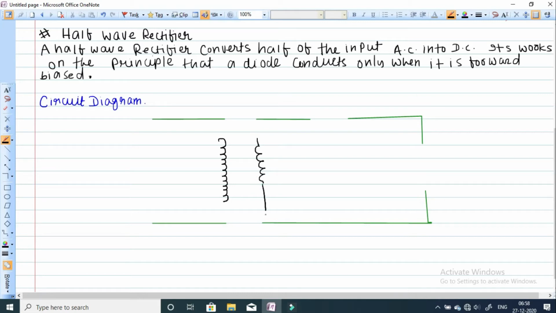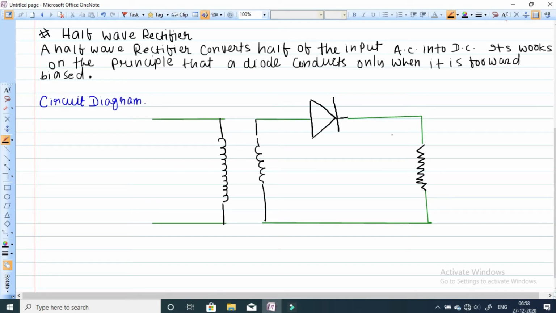With the help of this step down transformer, the voltage is stepped down. Here is one diode. This is your P type, and here is your N type. This is your diode. We have one resistor across which we will get the output.